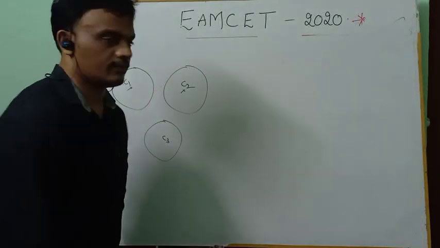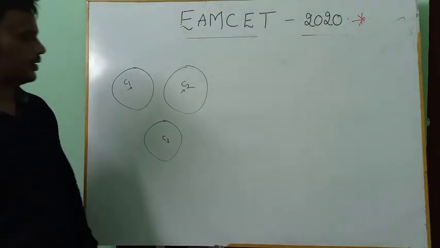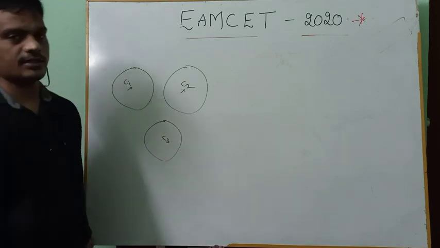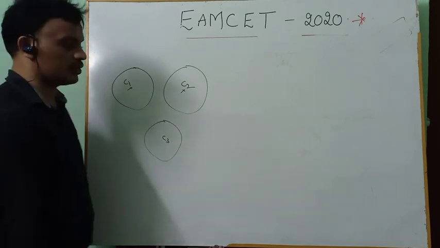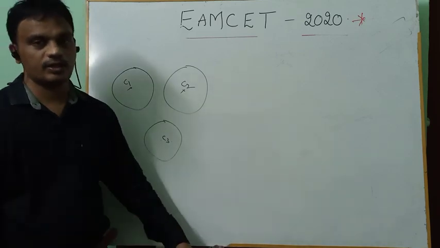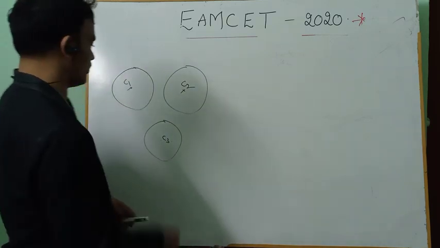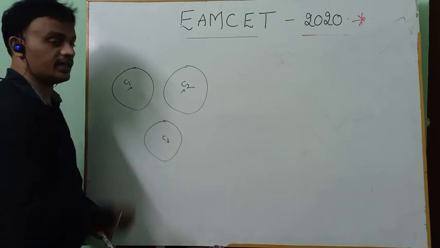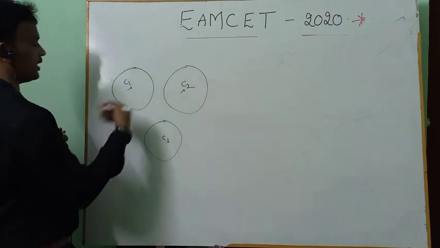And finally, from the system of circles, they are going to give me 3 circles whose centers C1, C2, C3 are non-collinear. Finally we are going to find the equation of the circle which intersects the circles orthogonally.